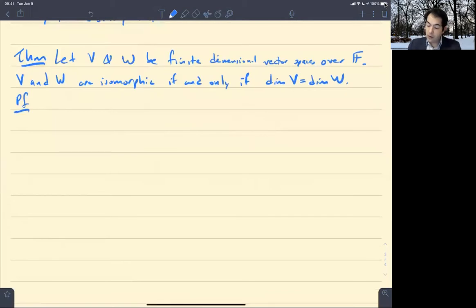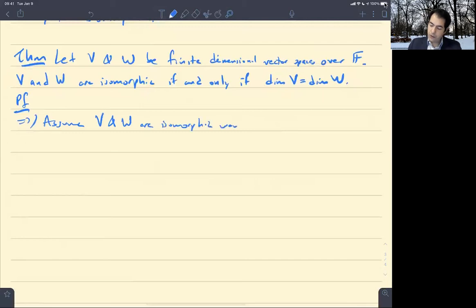Again, we want to prove an if and only if. So that means we need to check that this implies this, and vice versa. Let's go with one way. In this case, we're going to assume V and W are isomorphic.